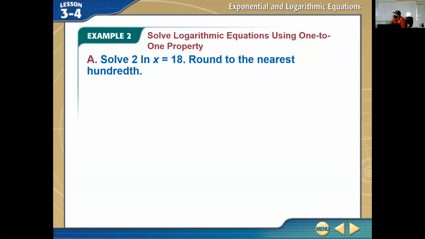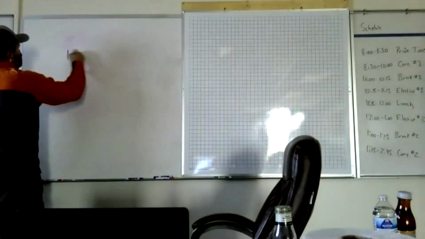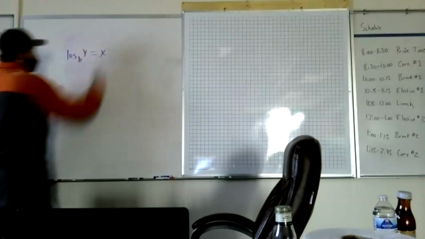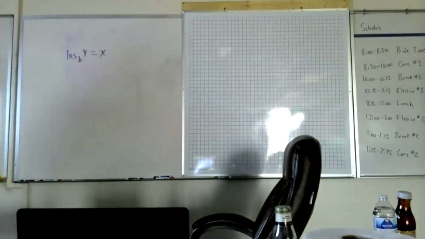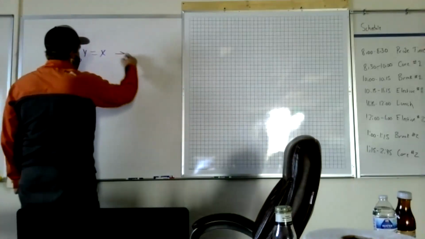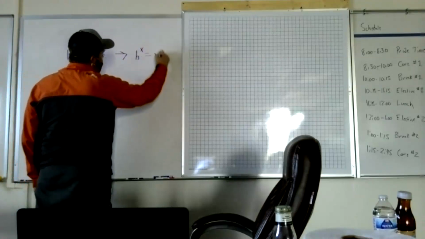So if you remember at the very beginning when we first started doing logarithms, it was log base b of y is equal to x, right? So because it's an inverse, if we're going to change it to exponential format, it is b to the x is equal to y.